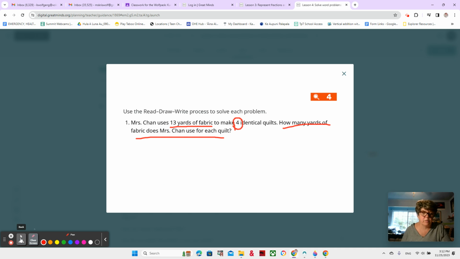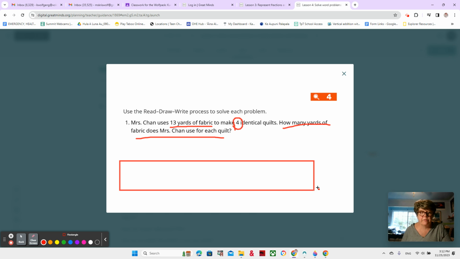So now we think, what can we draw? After we do quite a few of these, we start to get a pattern, right? So we always want to mark our question and then think about what we can draw. This total is the 13 yards of fabric that she's going to divide into the 4 quilts, right? Think about all this fabric that she bought at the fabric store, and she's breaking it into 4 quilts.